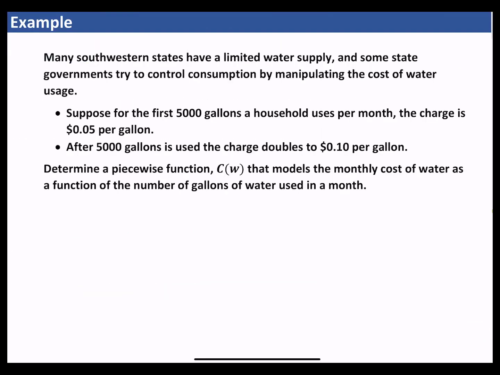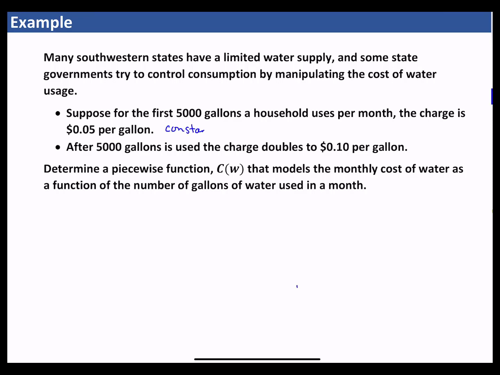So for example, many southwestern states have a limited water supply, and some state governments try to control consumption by manipulating the cost of water usage. Suppose for the first 5,000 gallons a household uses per month, the charge is 5 cents per gallon.